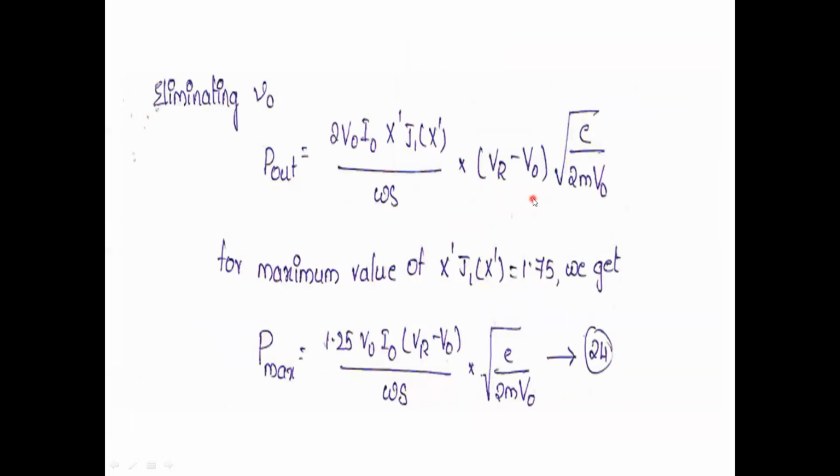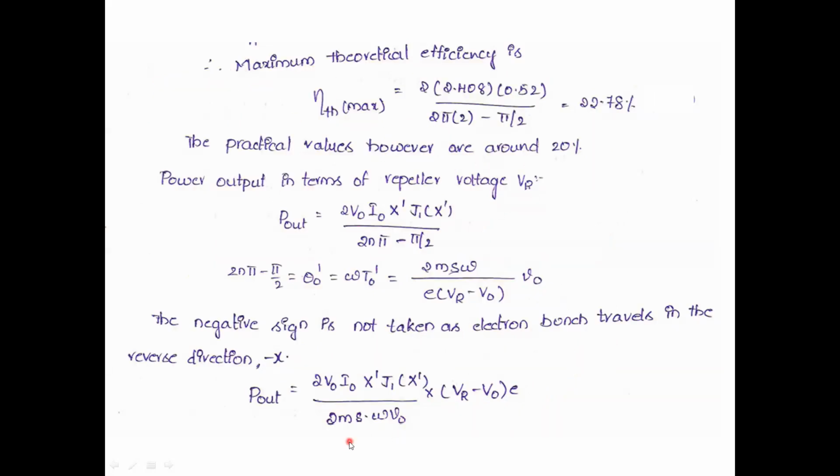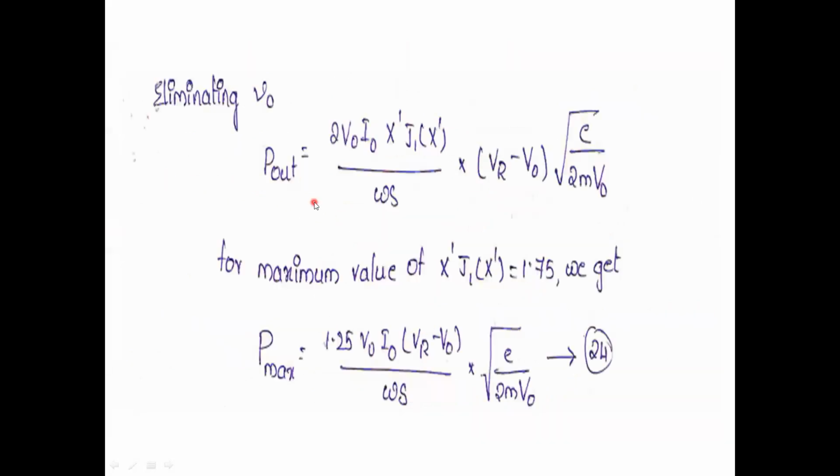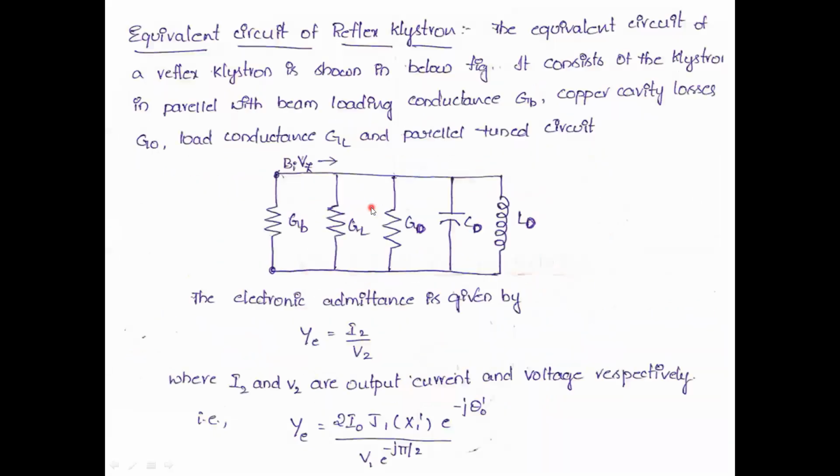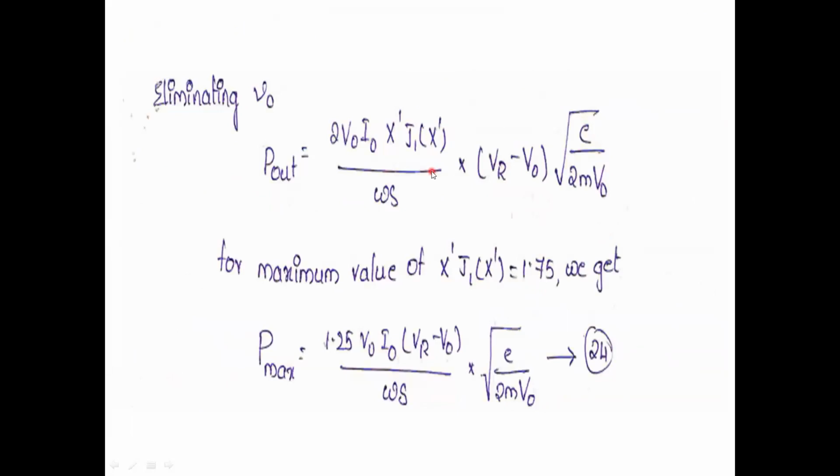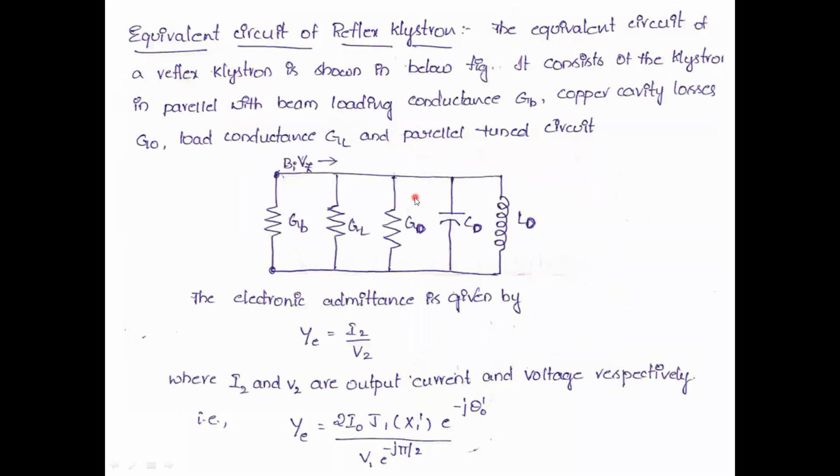By doing some treatment on this previous equation, we got 2v naught I naught x dash j1 of x divided by omega s, into VR minus V naught into square root of E by 2m naught. It is all numerical x dash j1 of x, that is 1.25.